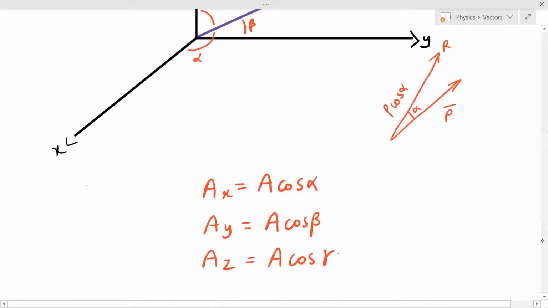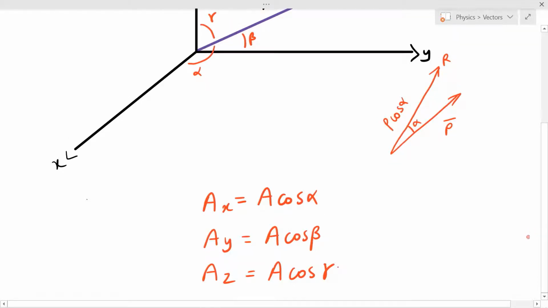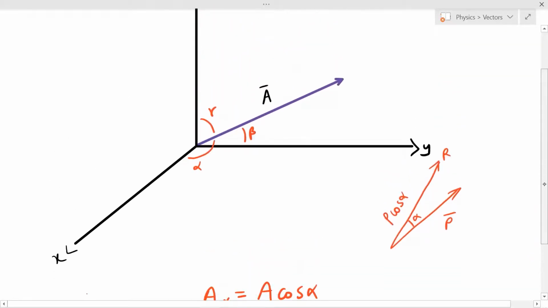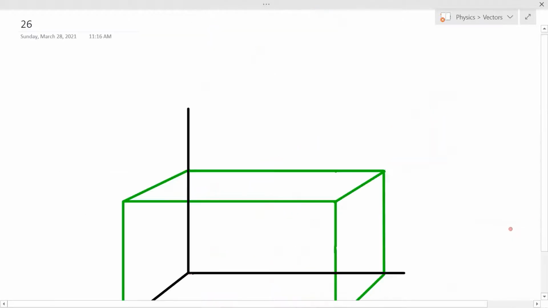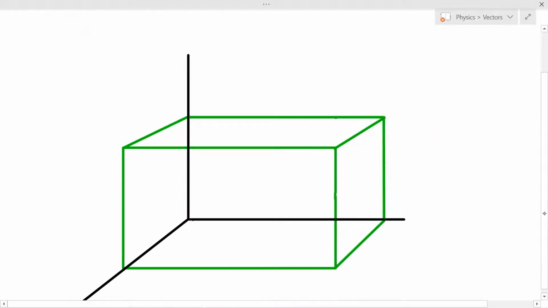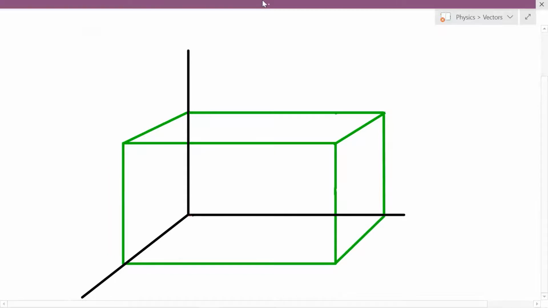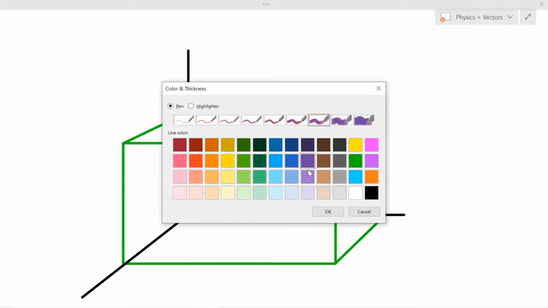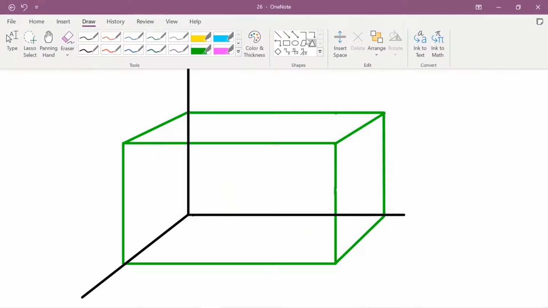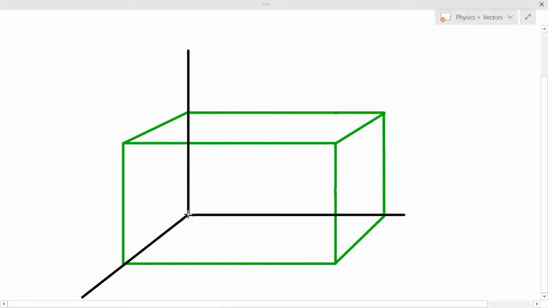Now let's find the magnitude of this vector a bar in terms of ax, ay, and az. To do this, I have constructed this parallelepiped, and I will construct my vector. Let me use violet here. So this is my a bar vector.